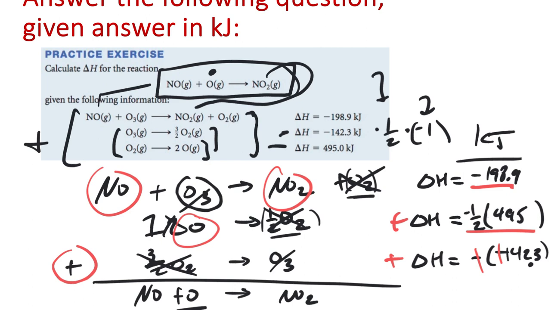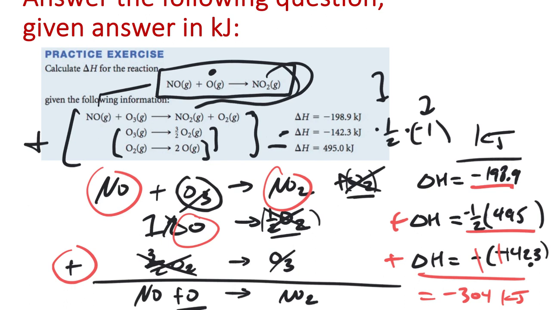So I don't know if anybody was doing along with me, but I was getting minus 304.1 or minus 304. I'm going to do it one more time. Yep, so I get it the second time.